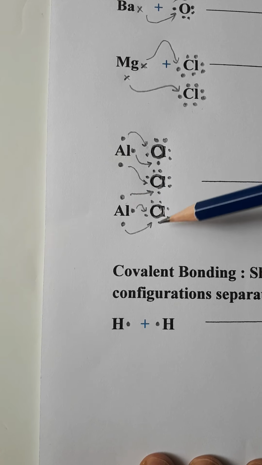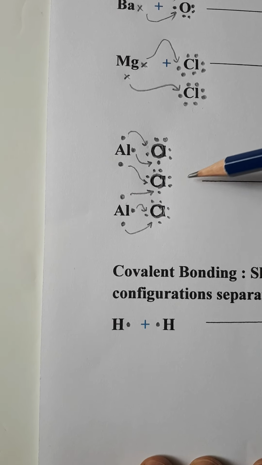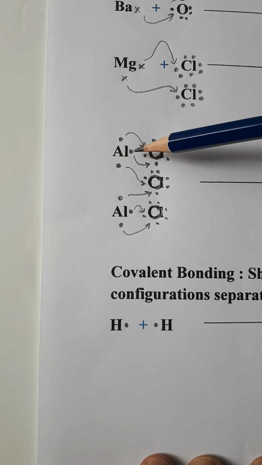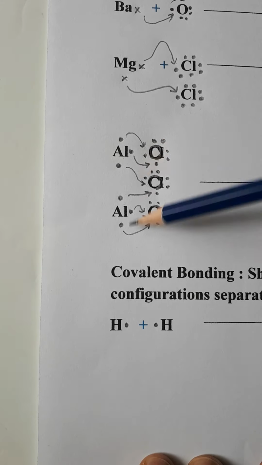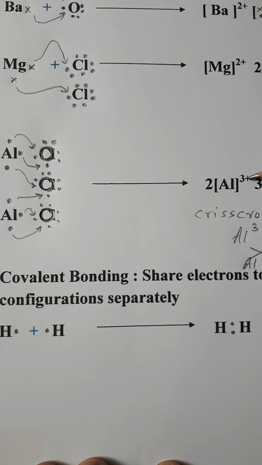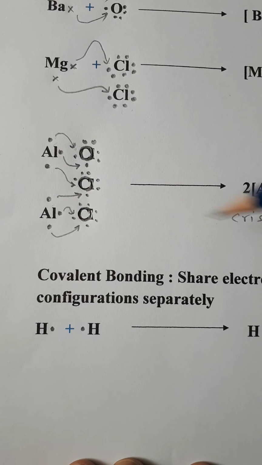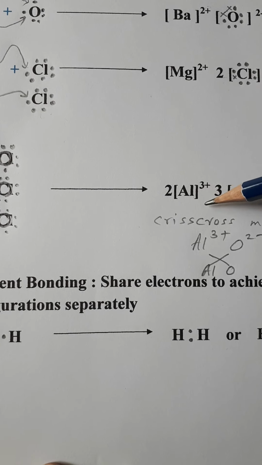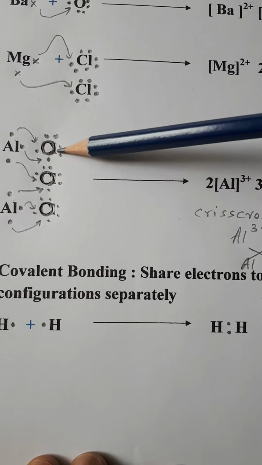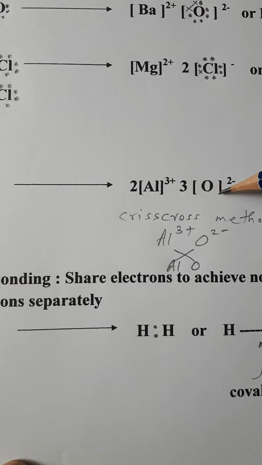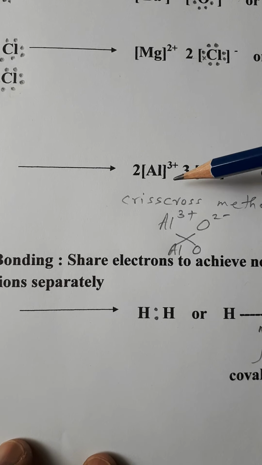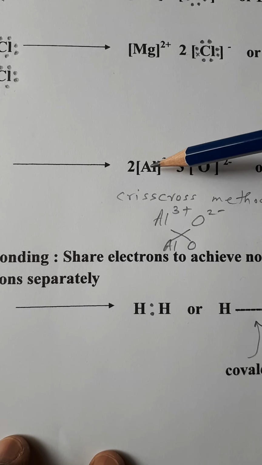These 2 electrons come to this oxygen atom. So we end up, since aluminum lost 3 electrons, it becomes aluminum 3 plus, 2 of them. Each one is 3 plus charge. 3 oxygen atoms become 3 O2 minus ions. So again, without charges, we can say Al2O3.